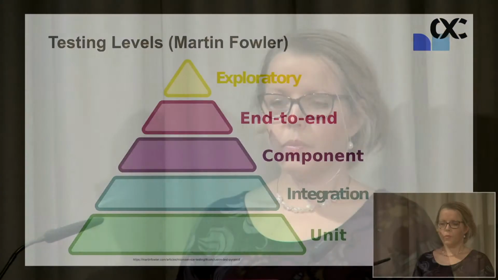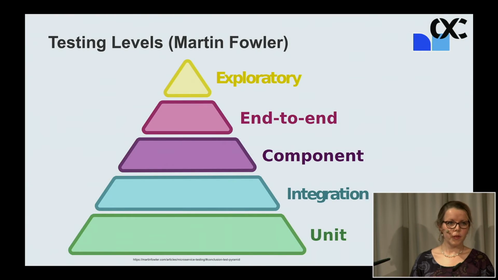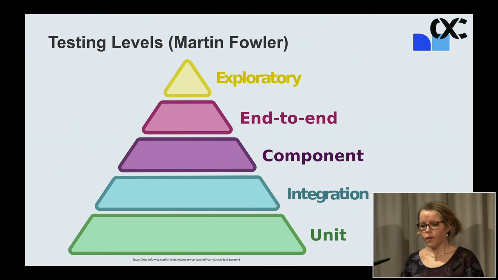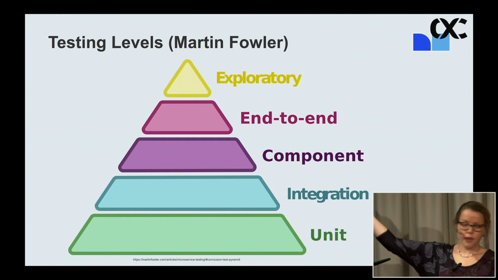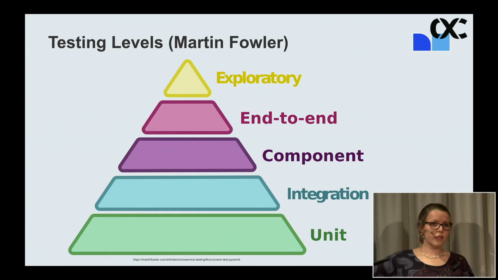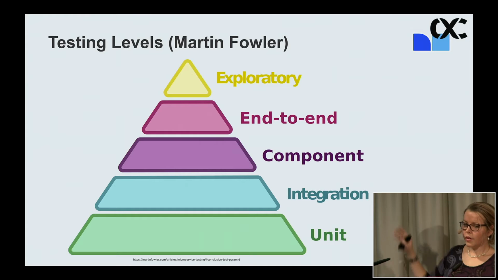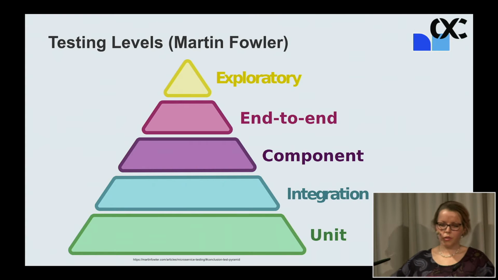Martin Fowler wrote about this test pyramid by Mike Cohn, which shows the separation of different types of tests on different levels. On the top here, you have manual exploratory tests, and then you come down to end-to-end tests where you have more automatic tests of the whole system.